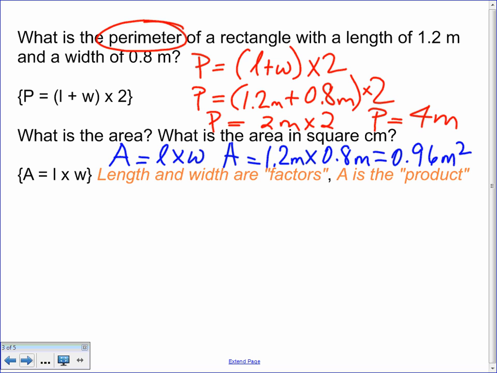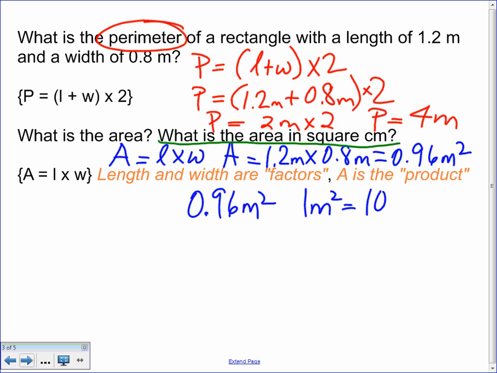I ask you secondarily, what is the area in square centimeters? Well, if you remember back to the last unit, 1 meter squared is how many centimeters? 10,000.